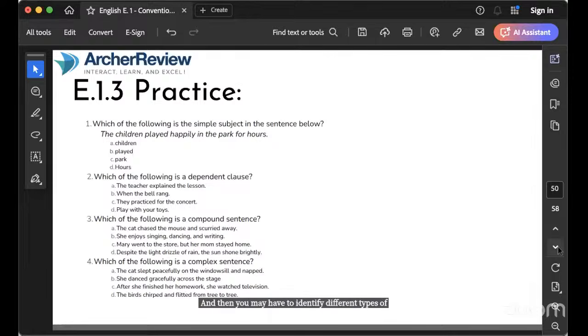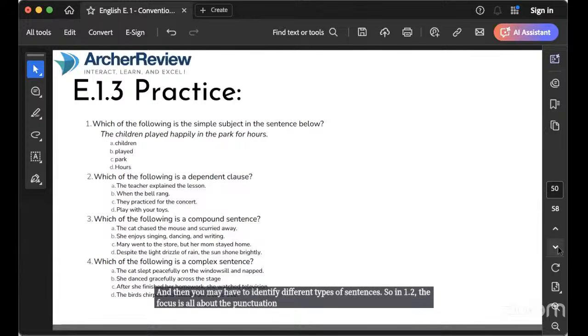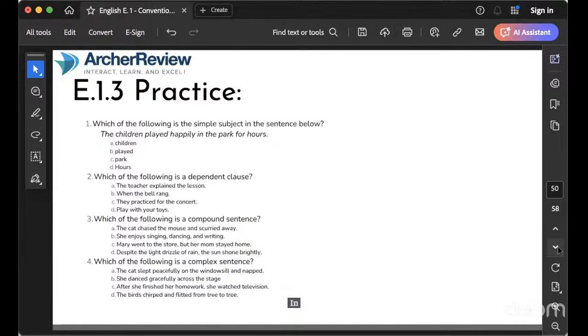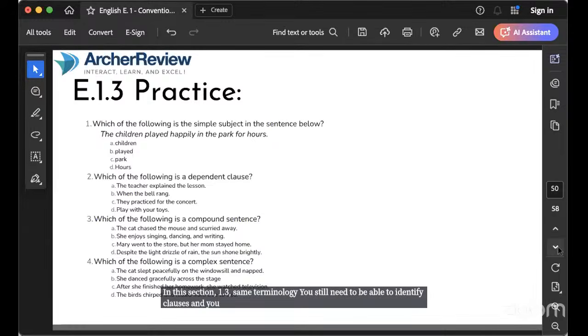So in 1.2, the focus is all about the punctuation. You have to be able to identify the sentences and identify the clauses in order to identify correct punctuation. In this section 1.3, same terminology, you still need to be able to identify clauses and sentence types. However, in this one, they're going to ask you more directly.